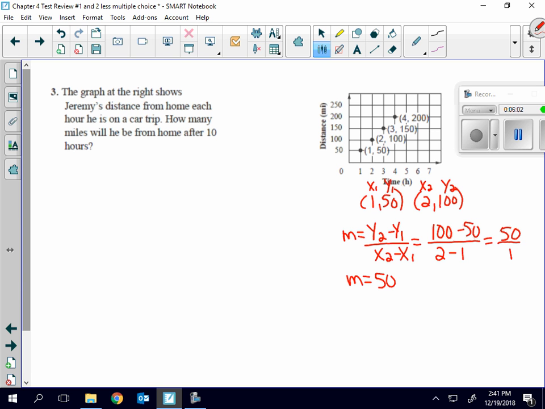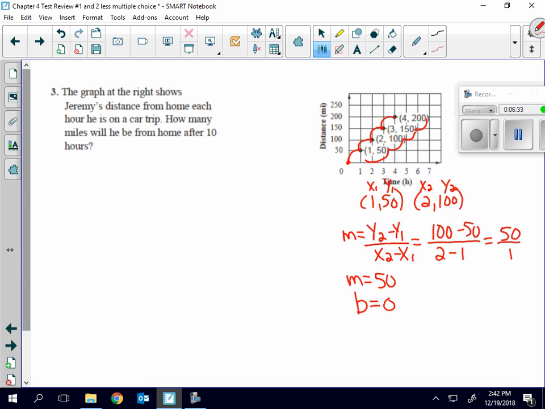If we know our slope, we can look at our y-intercept, and if you look at this graph, I can see that it's going to be going down. It keeps going down, and it will hit 0. You can double check. As I'm going down on the y's, I'm going down by 50 each time. So take away 50 from 50, I'm going to end up with 0. And as you go down here, 4, 3, 2, 1 would be 0. So I would get 0, 0 would be my y-intercept. So the b is just 0.